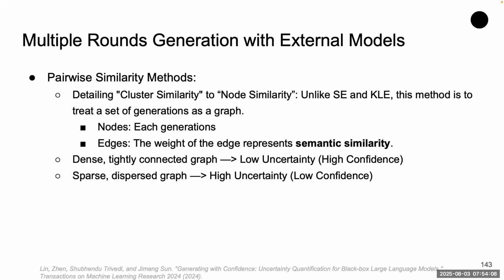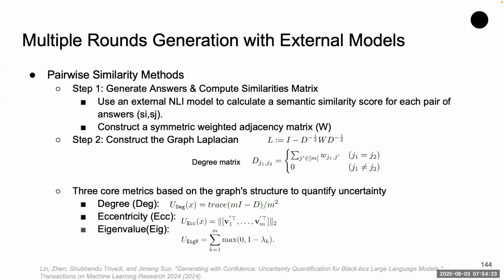Ideally, if you have a dense, tightly connected graph, then you will have a low uncertainty. But if you have a sparse, dispersed graph, then it's high uncertainty, right? And this is how they calculate the uncertainty through this pairwise similarity method.